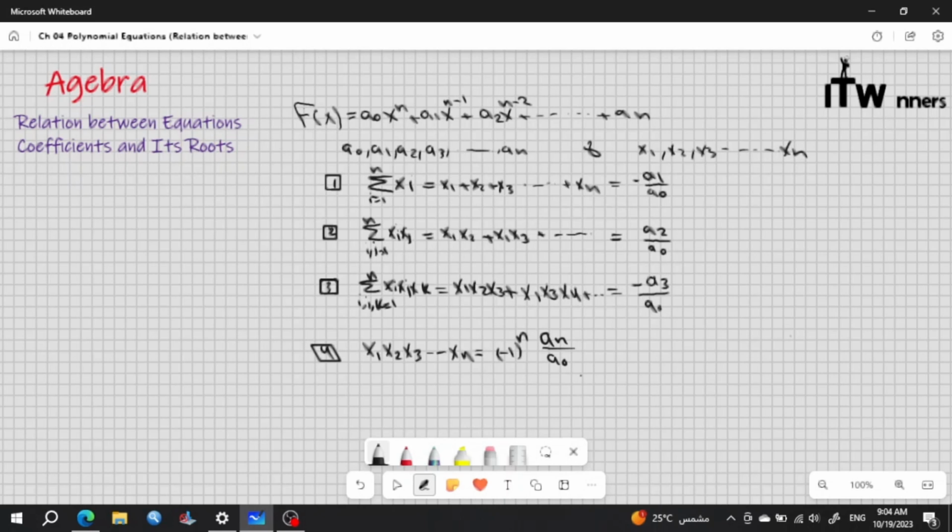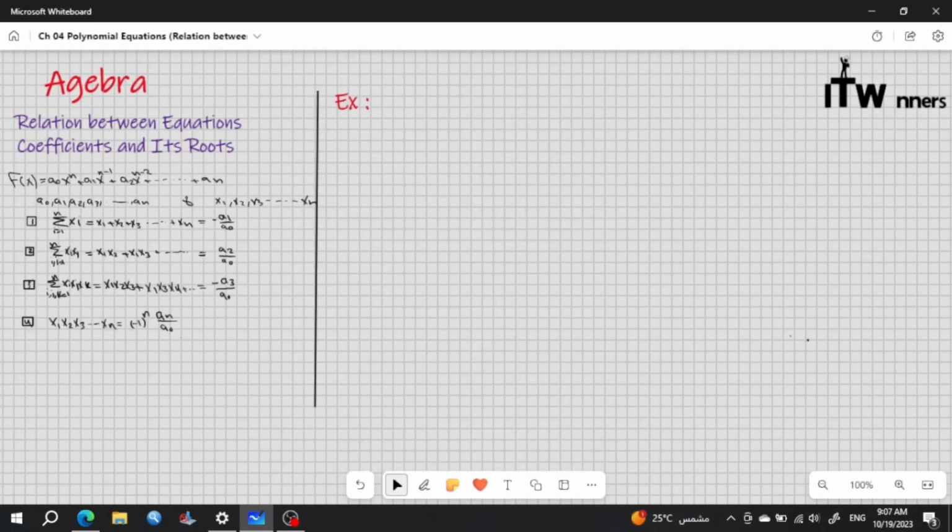Okay, let's move to the example and start with our polynomial equation, the cubic x cubed minus 2x plus 1 equals 0, which has roots x1, x2 and x3.